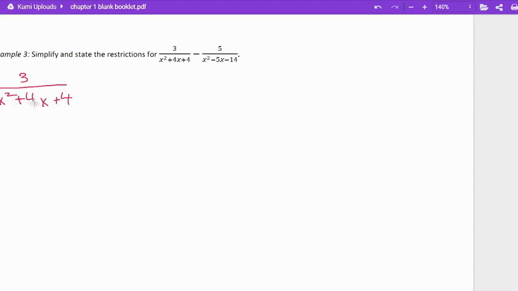Did anyone see the shortcut? What is it? Square binomial. PST, perfect square trinomial. Yeah, good. If you didn't see it, that's okay. You still get there.